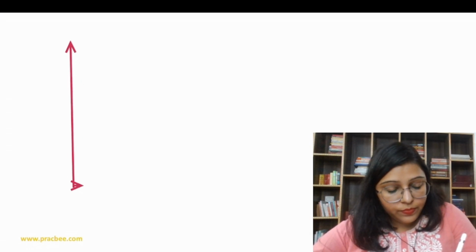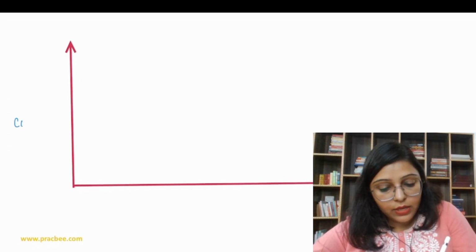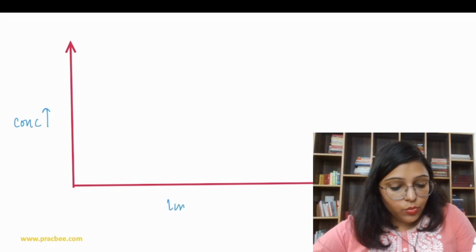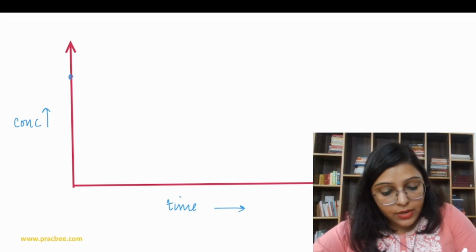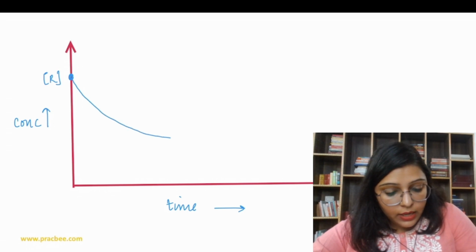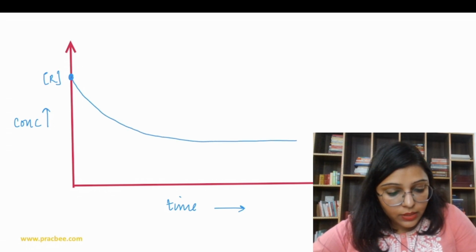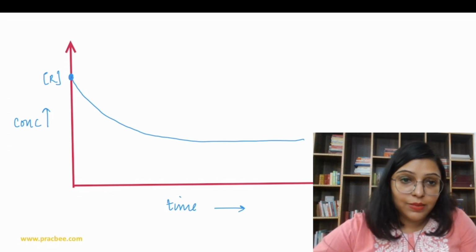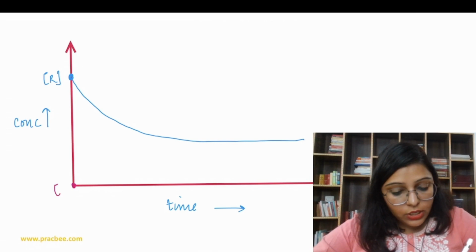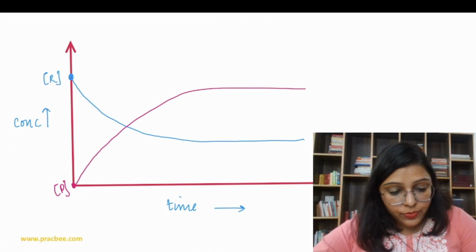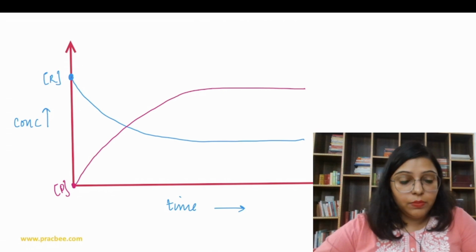Then we have the curve, concentration versus time. So what happens? Reactant concentration decreases with time. So if we have reactant concentration over here, it decreases with time, and at equilibrium, it becomes constant. Now similarly, product concentration, initially it is 0 and with time it increases, and once the equilibrium is achieved by the system, then concentration of product becomes constant.